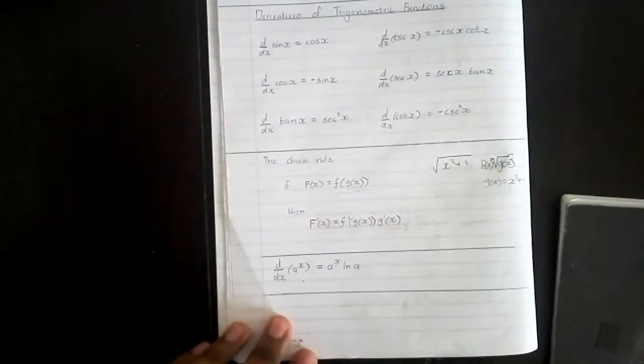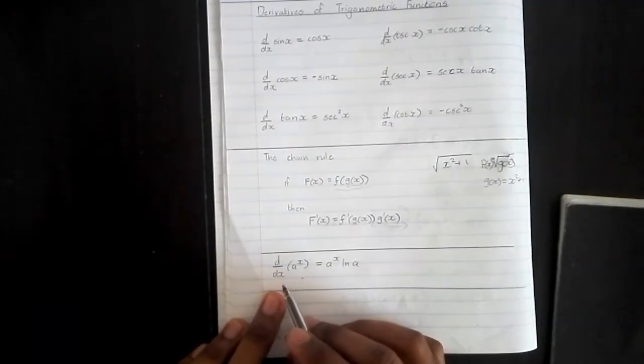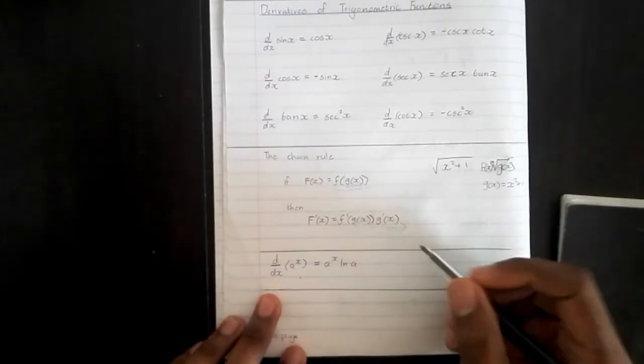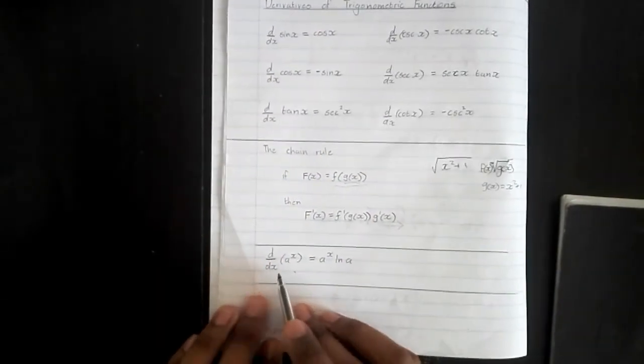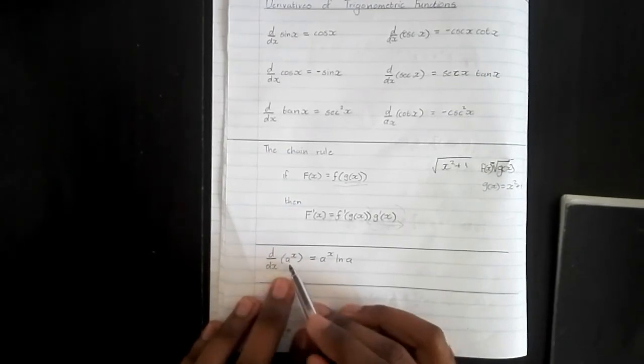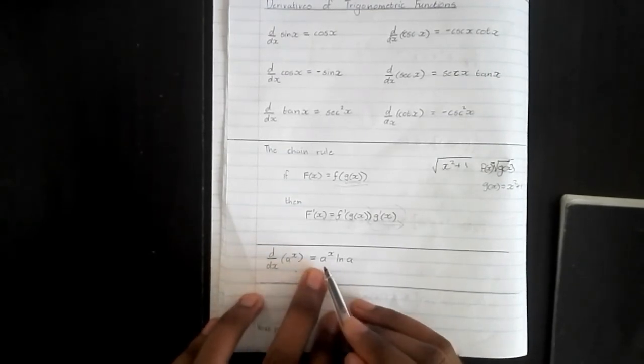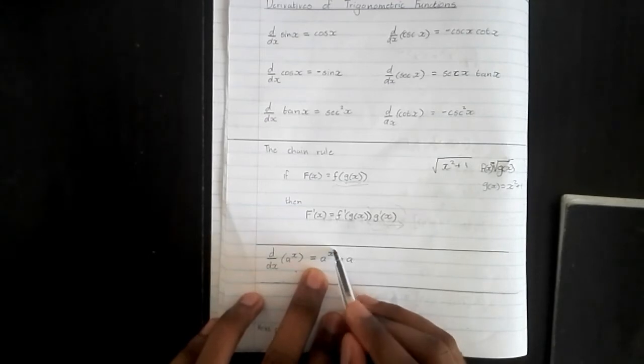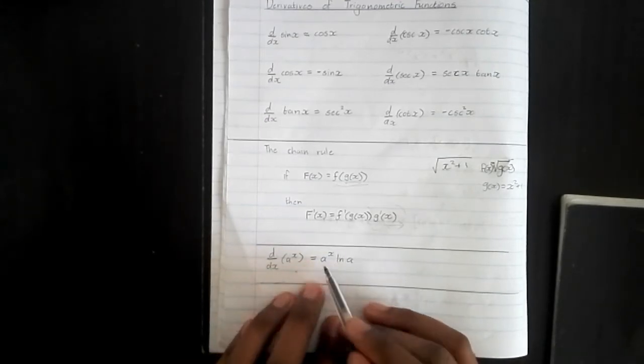Alright, let's move on to another rule. This is the rule for when you have an exponent of x. The derivative d/dx of a to the power x is simply equal to a to the x times ln of that base value.